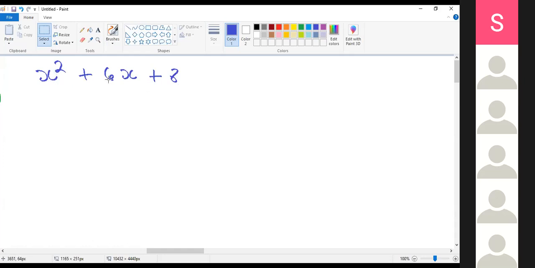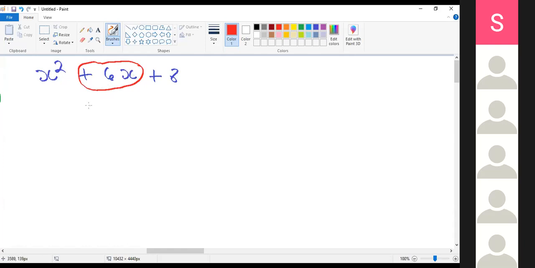So what you have to do is split this middle term. In this case it's positive 6x, you split it into 2 terms so that you can have 4 terms in your equation, and then you can solve it by grouping, all right? So you have to split this middle one, this bx.